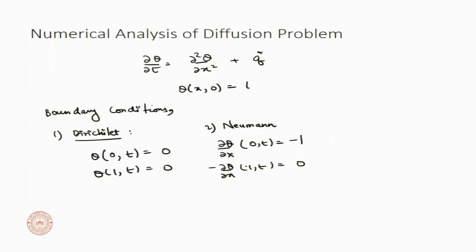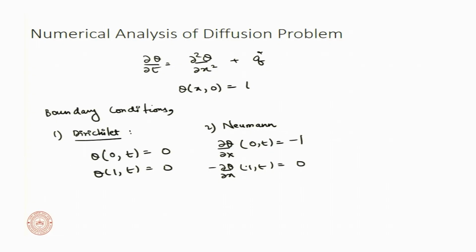Then for our boundary conditions, we can have one as our Dirichlet type: theta at 0 comma t will be equal to some value, say 0, and theta at 1 comma t equal to some value, say 0.